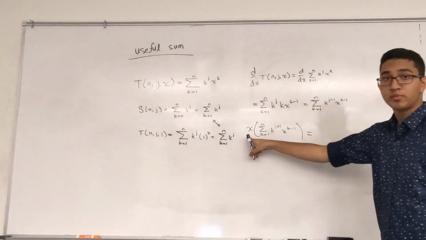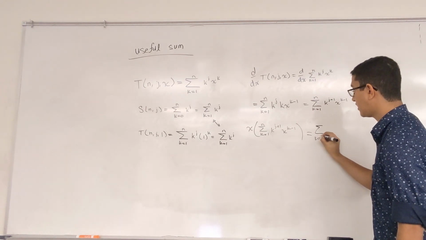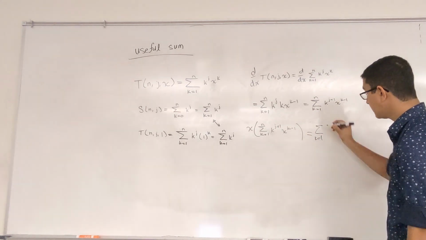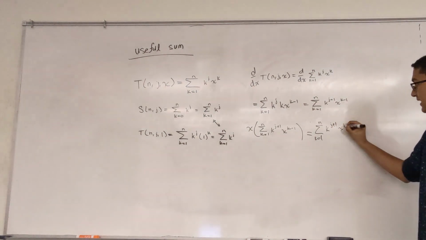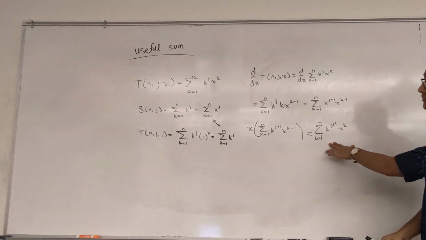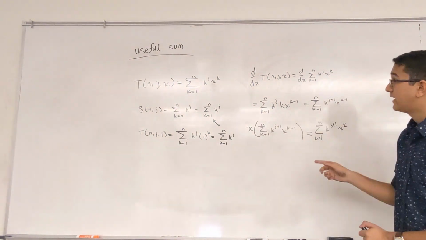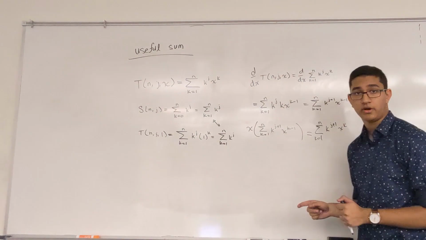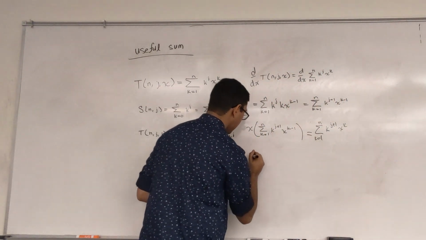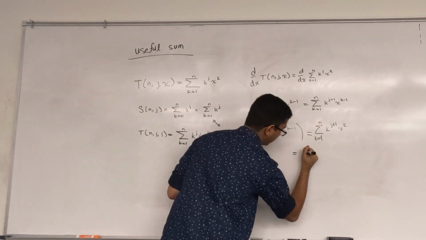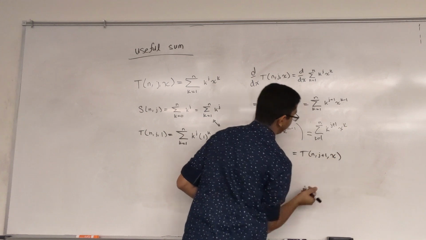If we multiply x into this, since x is a constant with respect to k, for every single term we'll simply get x to the j plus 1 and then x to the k, which is exactly the form we were looking for, with the only change being that now j is j plus 1. So this is actually equivalent to t of n, j plus 1, x.